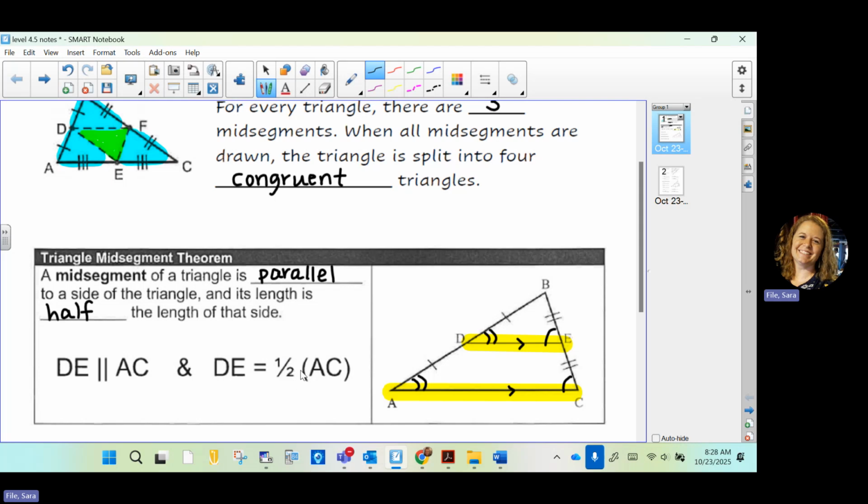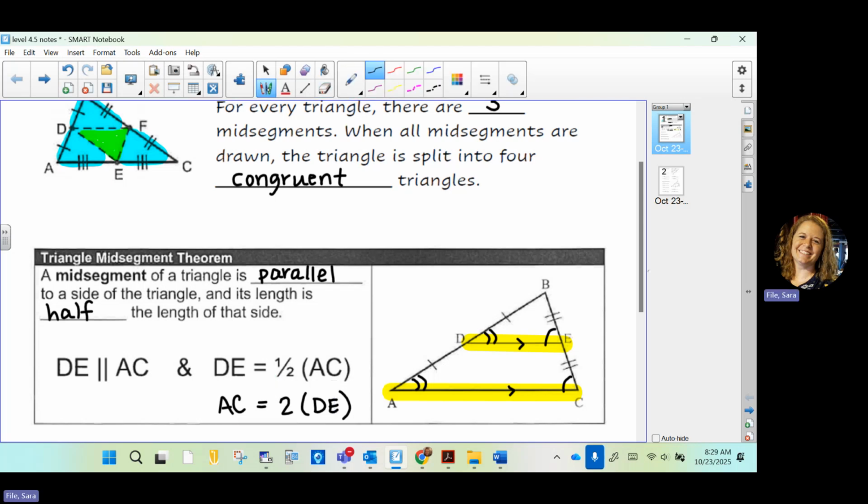What's the opposite of dividing? Multiplying. So instead of going from AC and dividing by 2 to get to DE, to get from DE to AC, you can multiply by 2. So I'm going to write that here as well. I'm going to say you could get your side length by taking twice your mid-segment length.